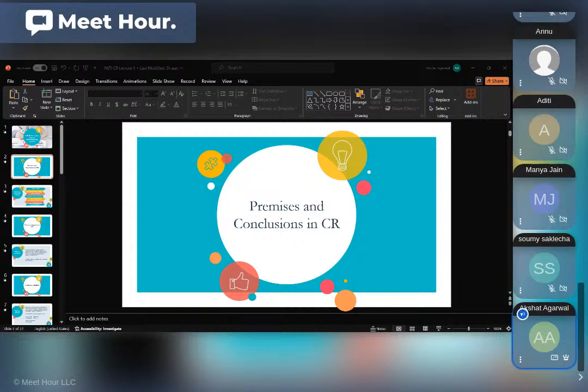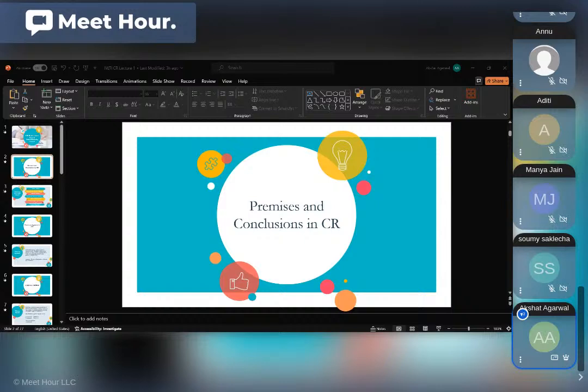Whenever you are strengthening or weakening an argument or finding an assumption, you are engaging with the premises or the conclusion of that argument. To do that, you need to identify what a premise is and what a conclusion is.